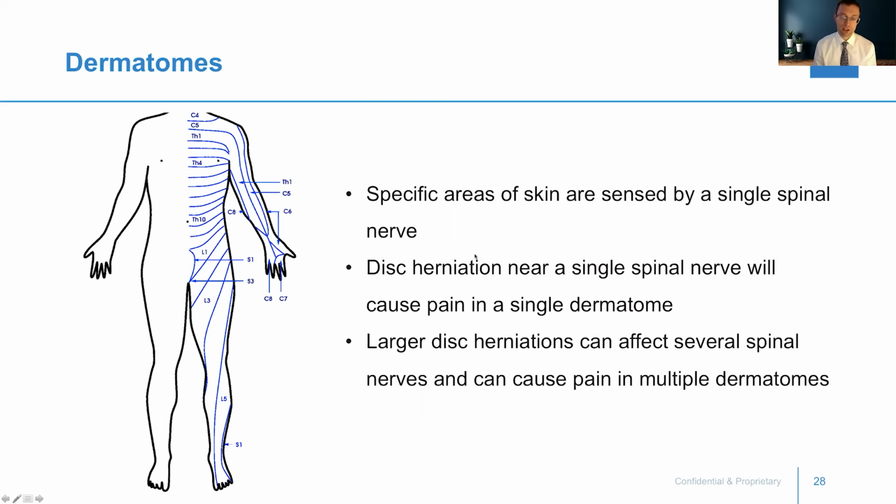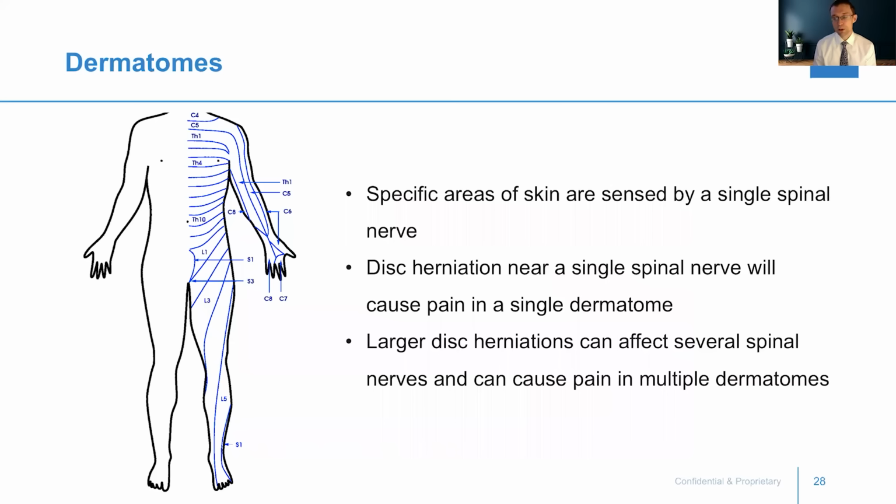Those areas of skin are called a dermatome. So for example, you can see in this diagram, this is the L4 dermatome, kind of wrapping down the front of the leg over the knee to the front and inside of the shin, essentially. A disc herniation near a single spinal nerve will usually cause pain affecting a single dermatome.